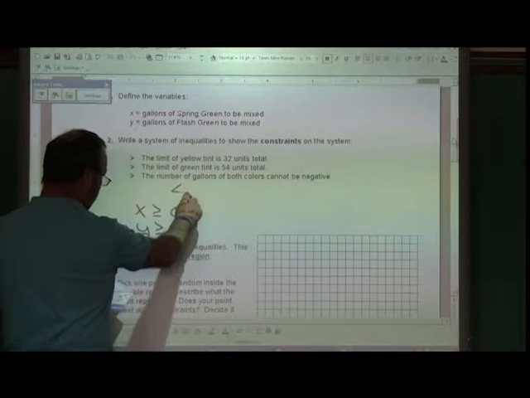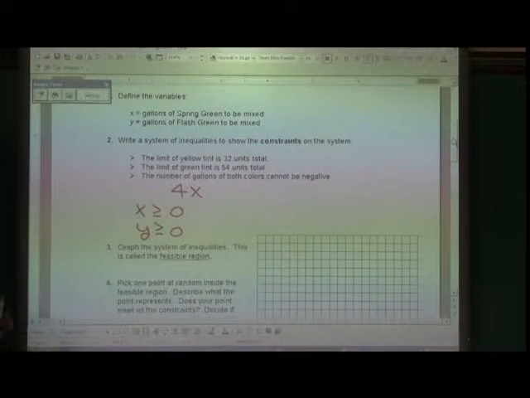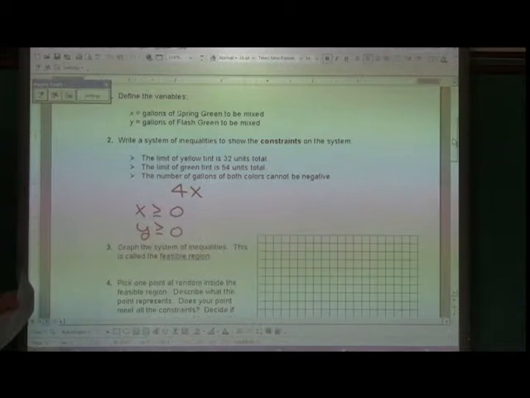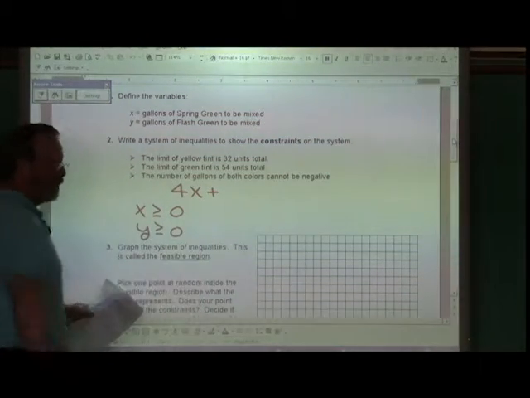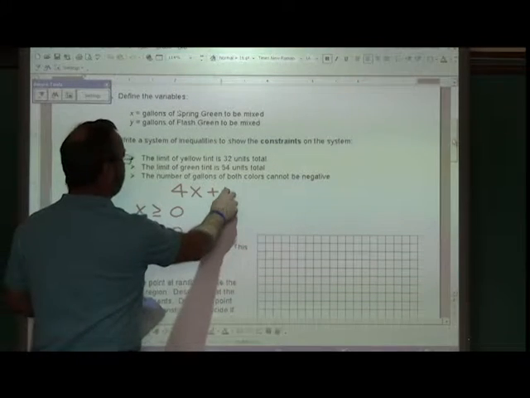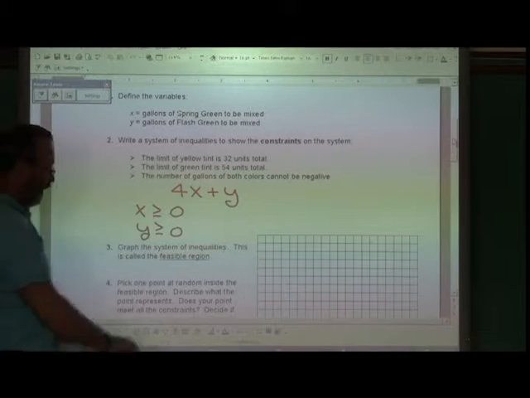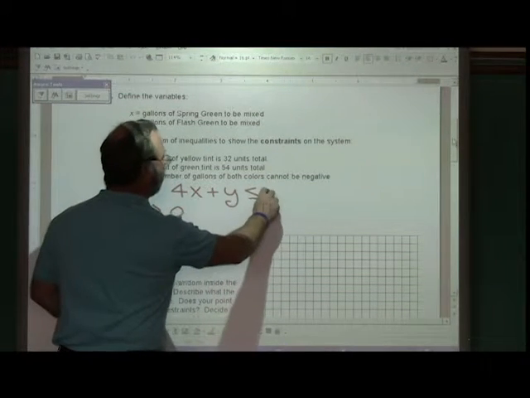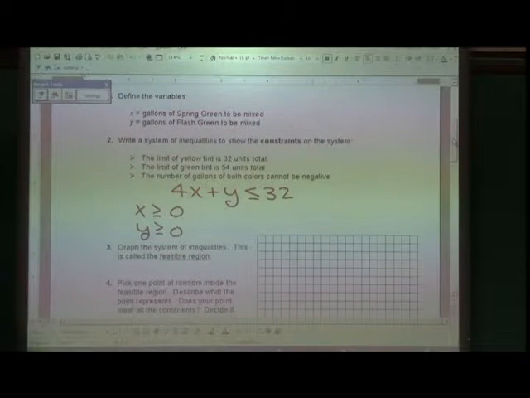So 4 times however many gallons of spring green I make, that's how many units of yellow tint I'm using. In addition, I need 1 unit of yellow tint for every gallon of flash green. And that is limited to being less than or equal to 32 total units.